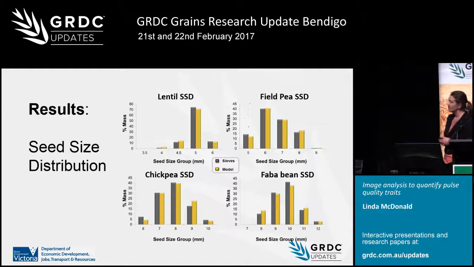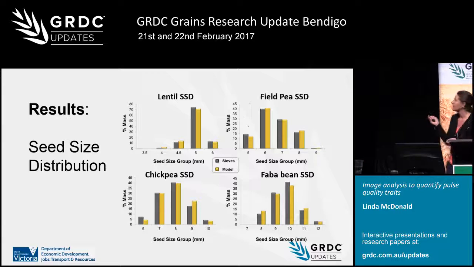And then the charcoal bars are seed size distribution measured through sieving, the standard sieving method. And golden bars are the predictions from image analysis. So you can see that it's predicting quite well. The shape of the distributions are very similar.